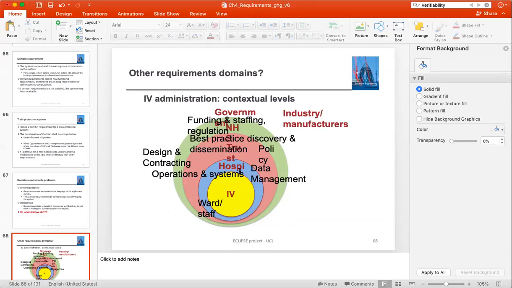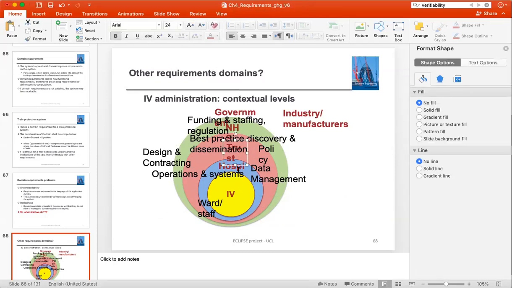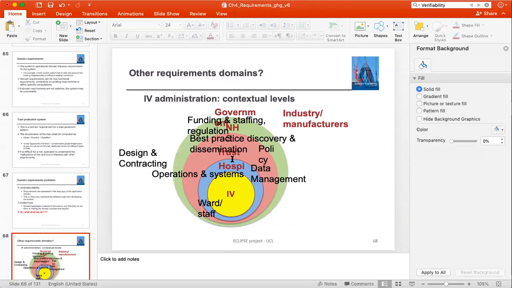Then you have a wider system, the hospital, and this is something called the trust, which is an organizational level above a hospital. And then there's the entire healthcare system, and the government, and the wider environment has the industry and manufacturers.